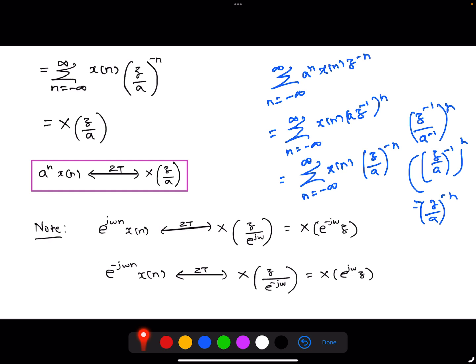In a similar way, we could write e to the power minus j omega n into x of n, the z transform of this term, as x of z by e to the power negative j omega, which is x of e to the power j omega into z. So these are some formulas. When you replace a to the power n as e to the power j omega n, then you will get these results, which will be useful somewhere in the problems.